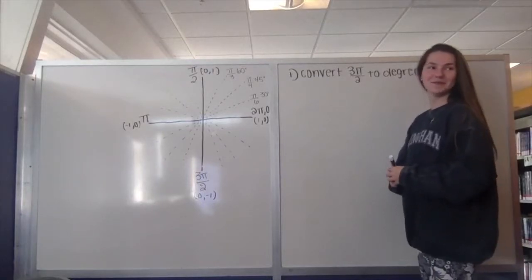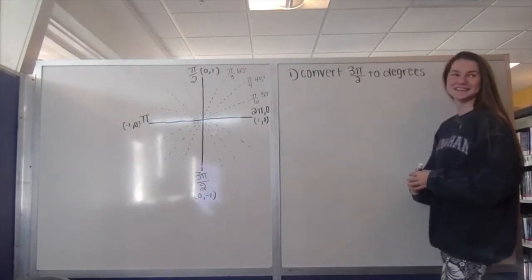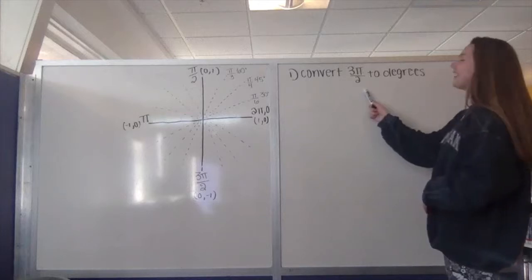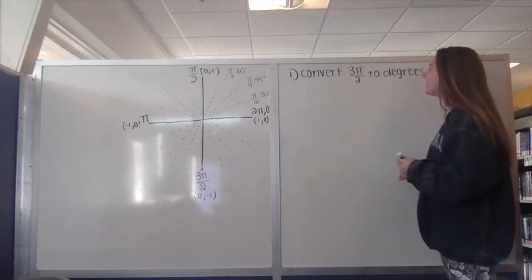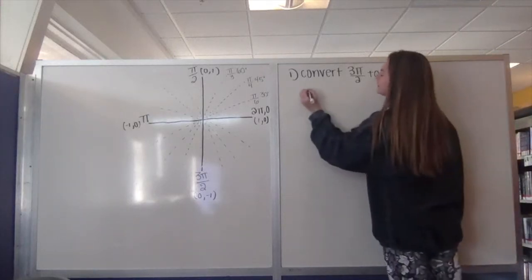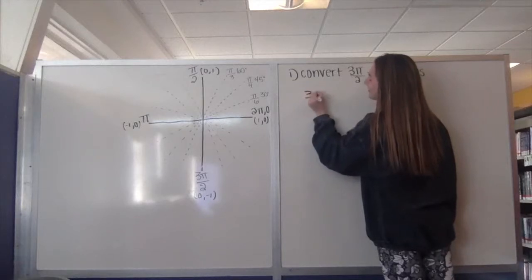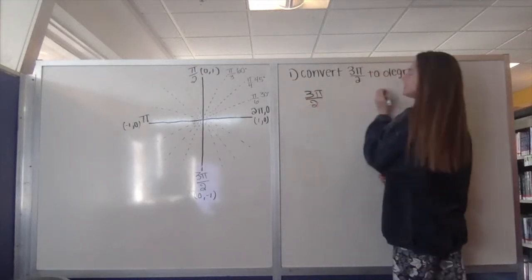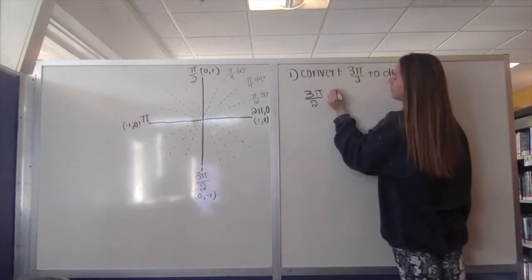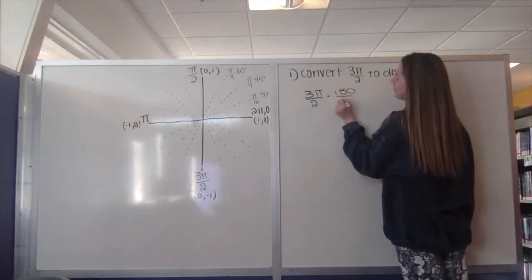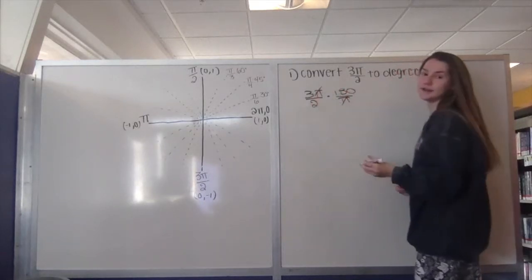An example problem for converting from radians to degrees could be converting 3 pi over 2. So you write out 3 pi over 2, and because you want degrees, you multiply it by 180 over pi. That way your pi's can cancel out.